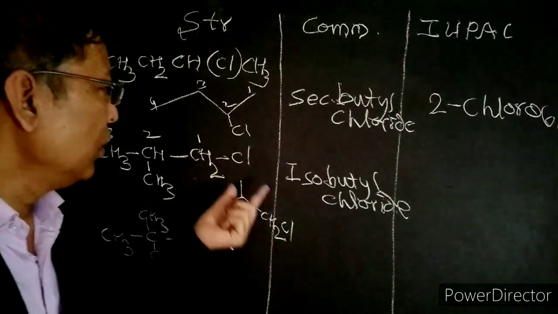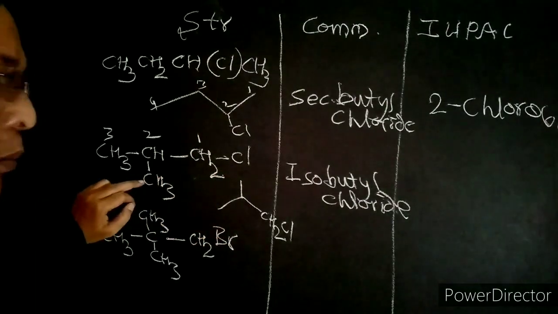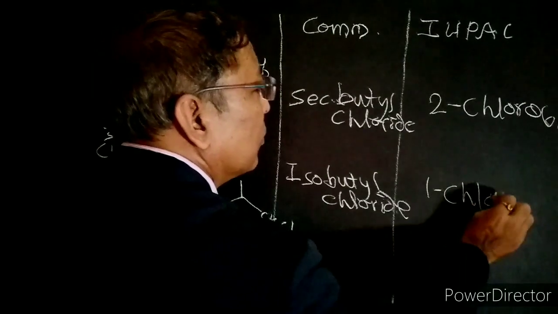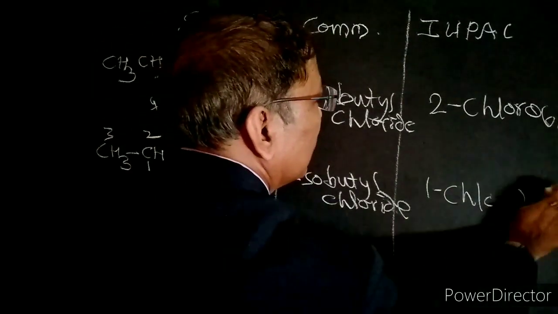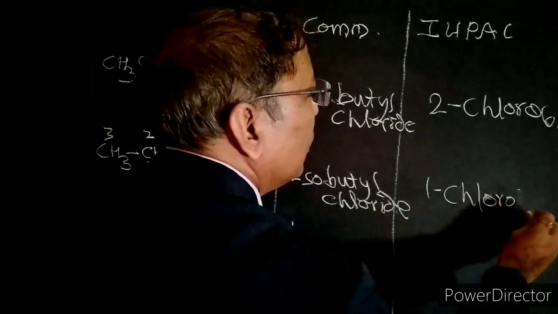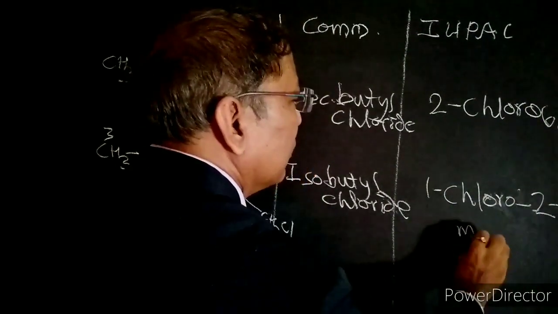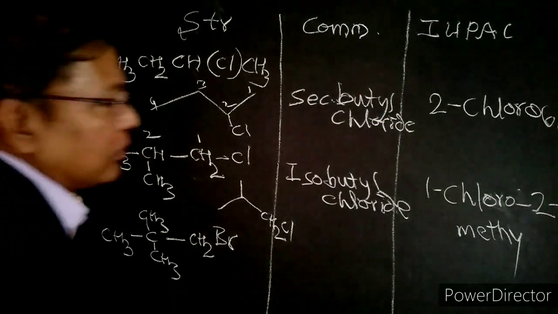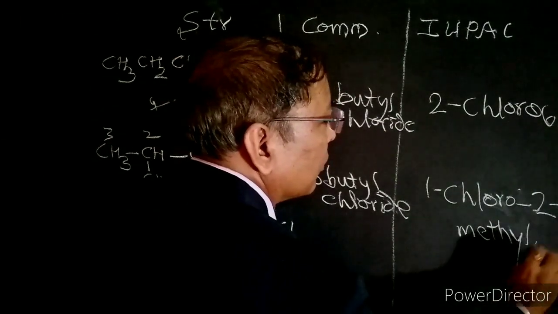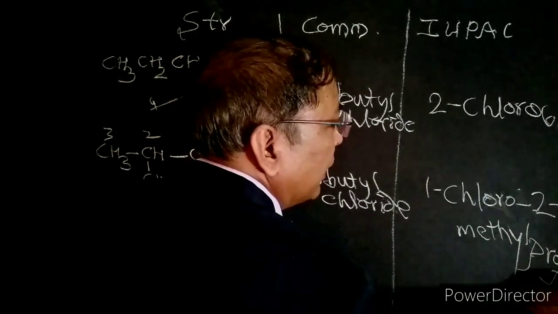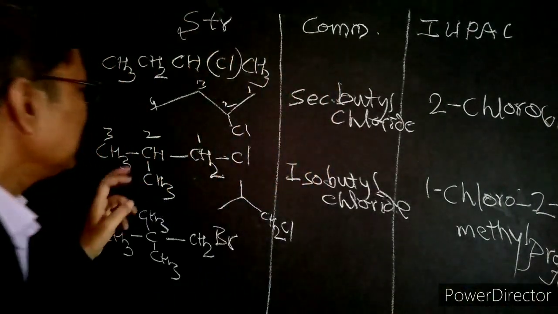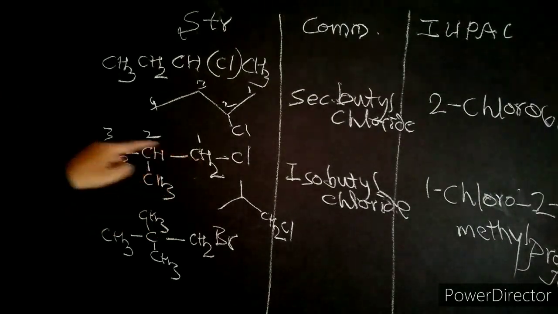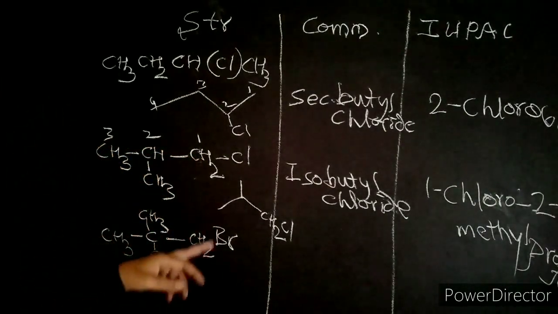Alphabetically, chlorine comes first, then methyl. So, 1-chloro, 2-methyl. The chain is of 3 carbon atoms, therefore it is propane. So the name of this compound is 1-chloro-2-methyl propane. Now let us take the next one.